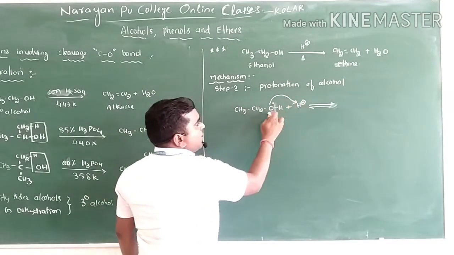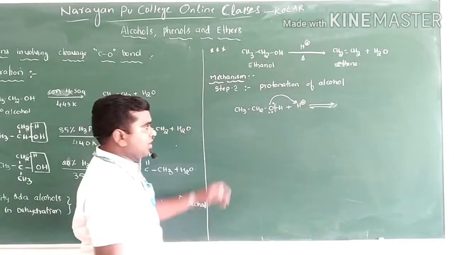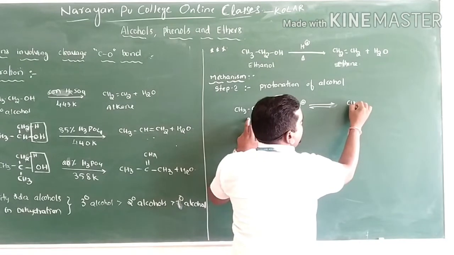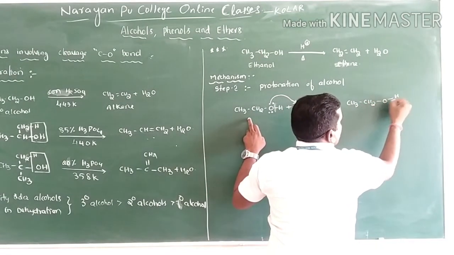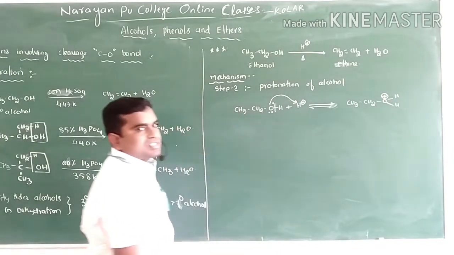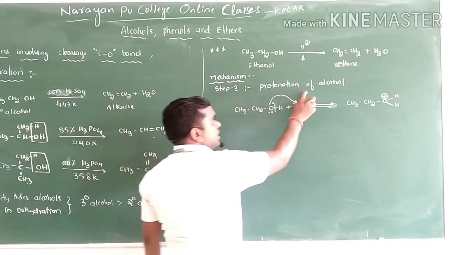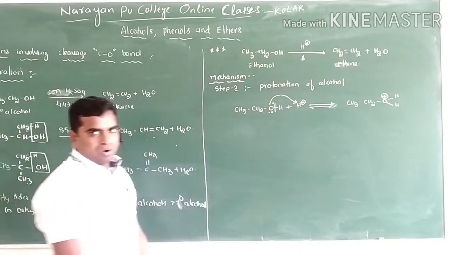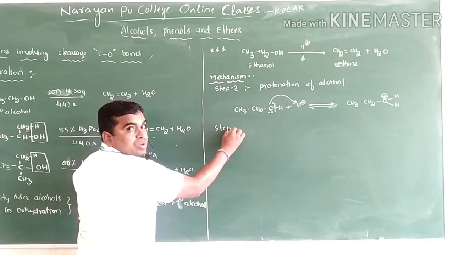So it donates a pair of electrons to the electron-deficient H+ and makes a bond. Then what compound do you get here? CH3CH2OH2+. Oxygen donates electrons, so it acquires a positive charge. That is the first step, which we call protonation of alcohols. And next, step 2.